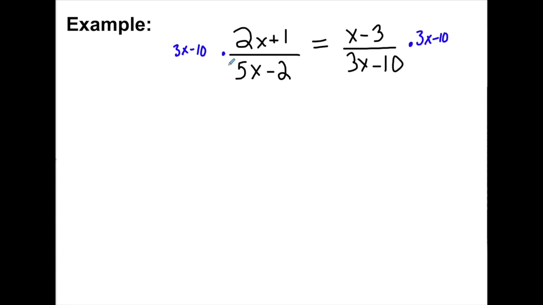Unfortunately, this will not cancel out with 5x minus 2. So what do I need to cancel out with 5x minus 2? I'm going to need 5x minus 2. So the 5x minus 2 will cancel with the 5x minus 2, and I'll make sure I put a 5x minus 2 over here. And the 3x minus 10 will cancel with the 3x minus 10.